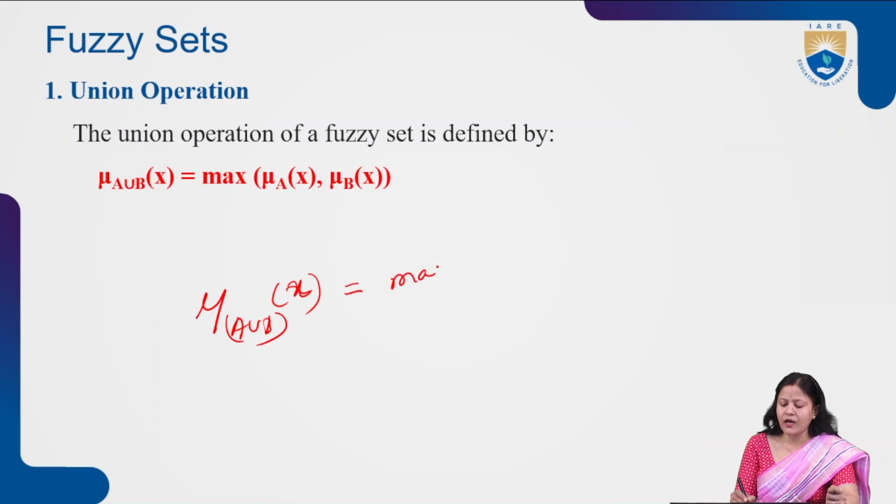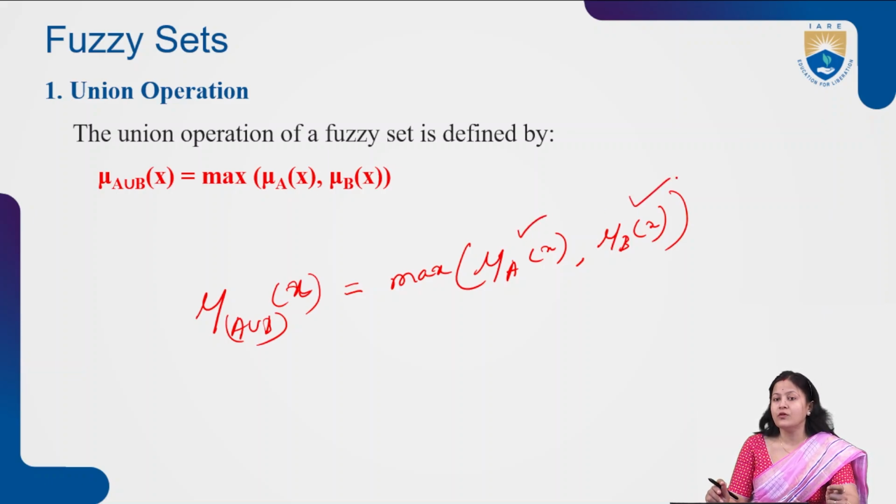That means we take the maximum of mu of A of x comma mu of B of x. So x should belong to both A and B, and these two are the membership values of both the sets.